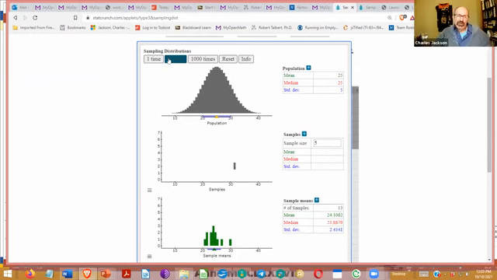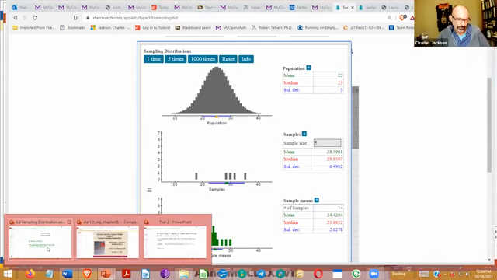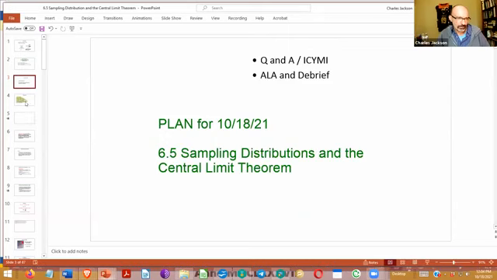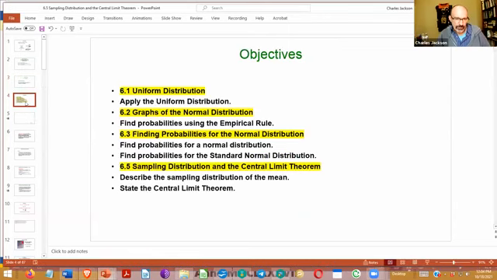So you see how we're creating a new distribution, which is derived from the old distribution. The sampling distribution of the mean.